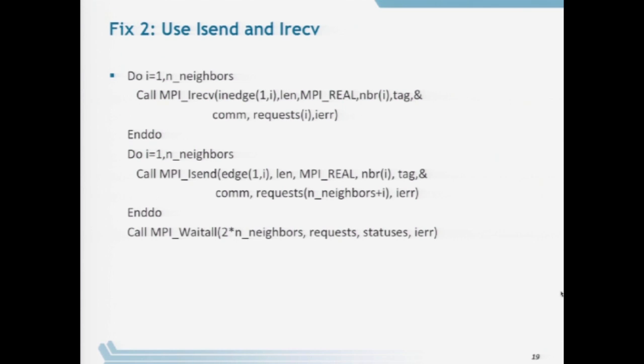So normally what you want to do is post up the iReceives first so that when one of those packets arrives, you'll be able to respond immediately. There are some other things to do.